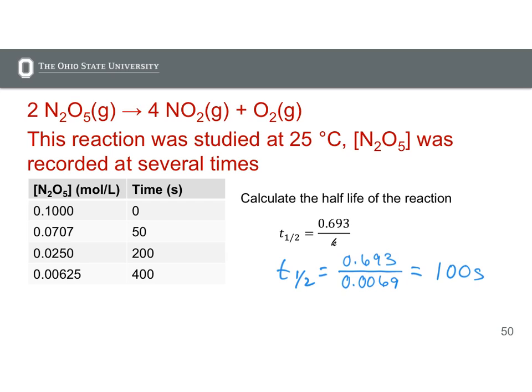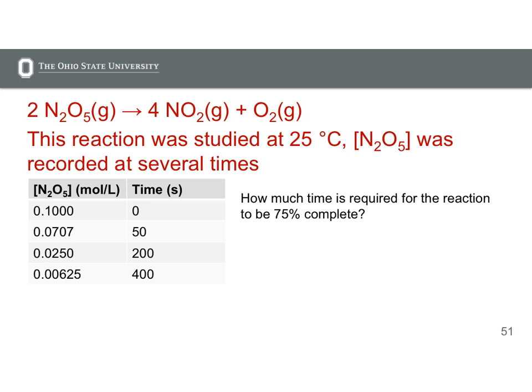One more here. How much time is required for the reaction to be 75% complete? So, I'll let you think about that for a couple seconds. Come up with some ideas on how to do this. And then we'll regroup.